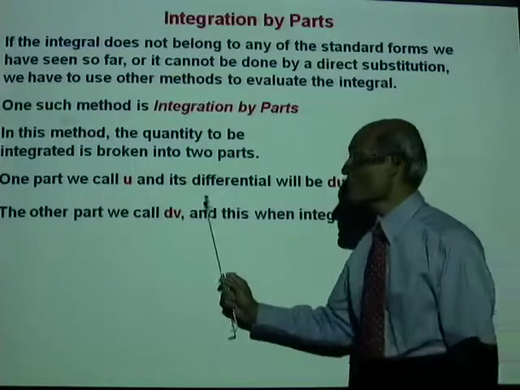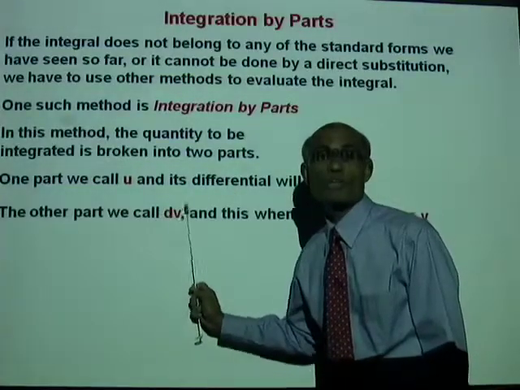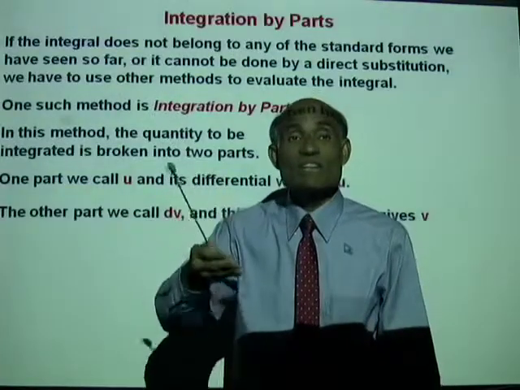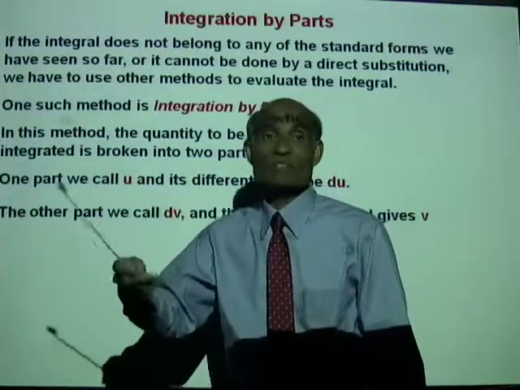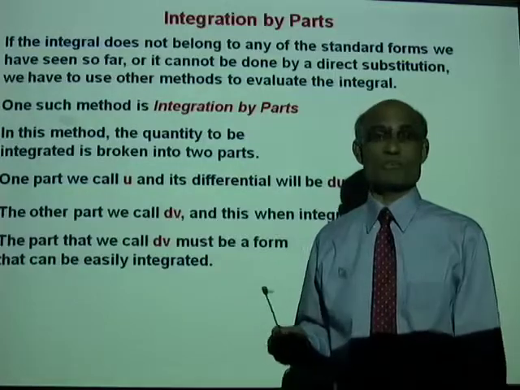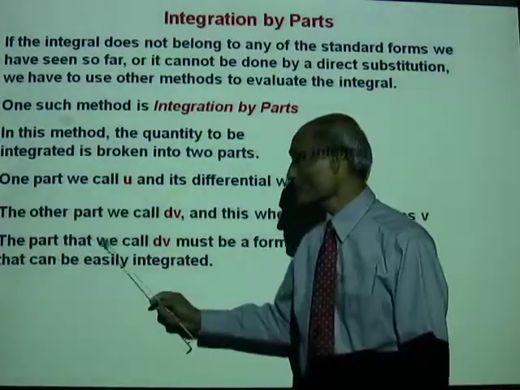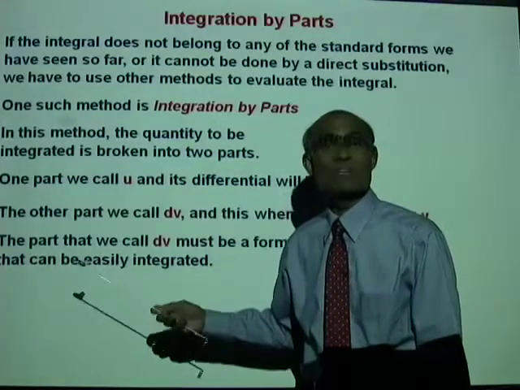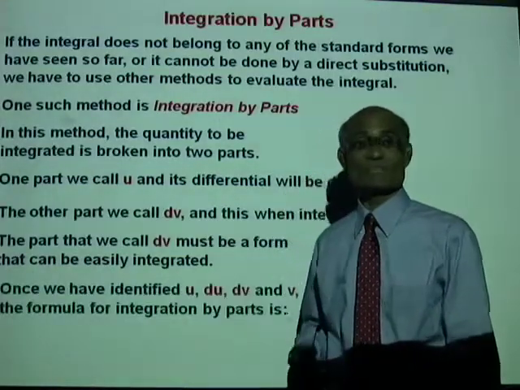That means the part that you call dv must be a part that can be easily integrated. I will illustrate that by taking some examples. So, the part that we call dv must be a form that can be easily integrated.